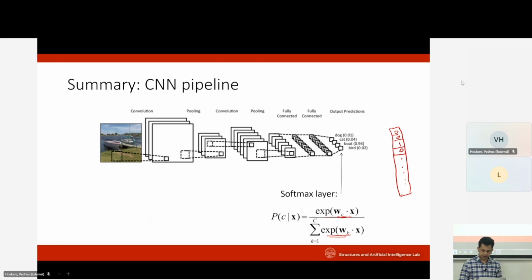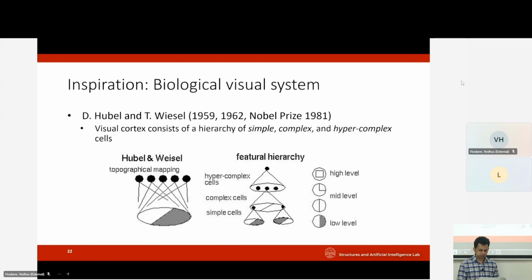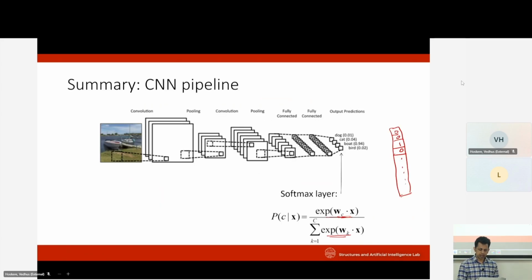So that's my softmax layer, and then I use a cross entropy loss, which basically maximizes the likelihood of my prediction being the same as my label.